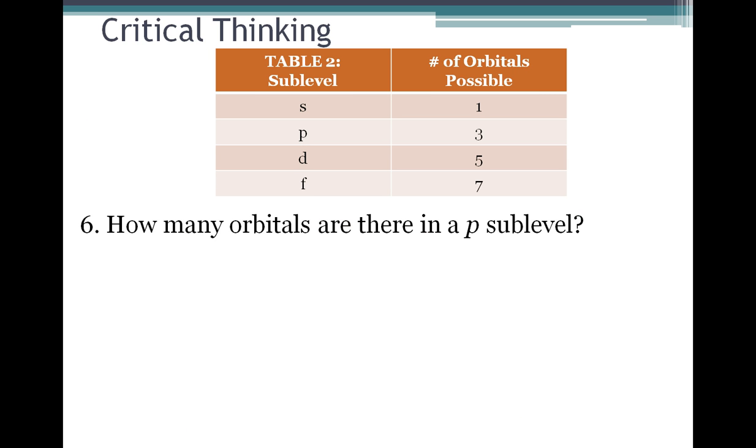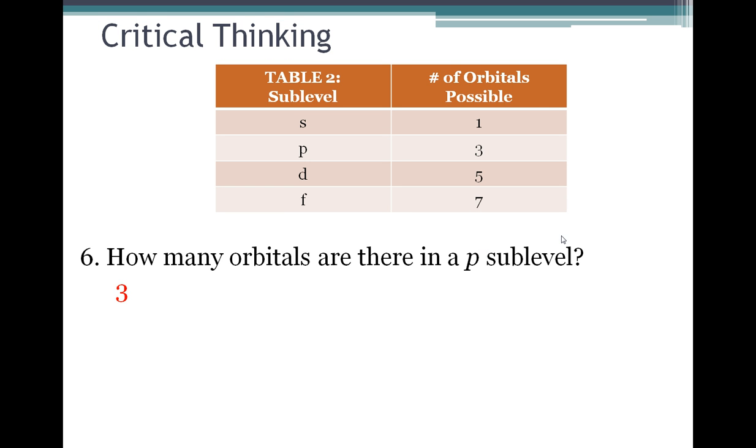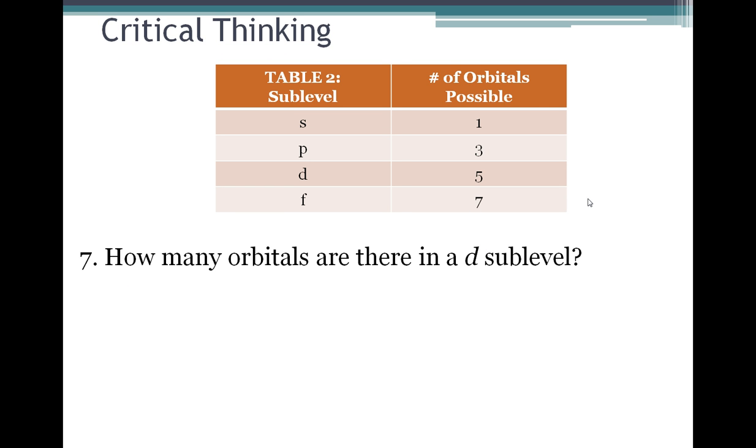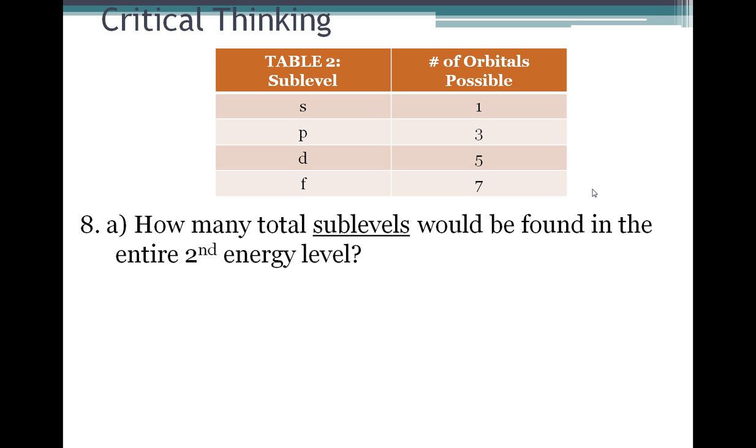And so for number 6, how many orbitals are there in a P sublevel? Well, if we look under P, we can see that there are 3. Pretty simple. Let's just look at the chart. And if we look at the D sublevel, there are 5. And how many total sublevels would be found in the entire second energy level?